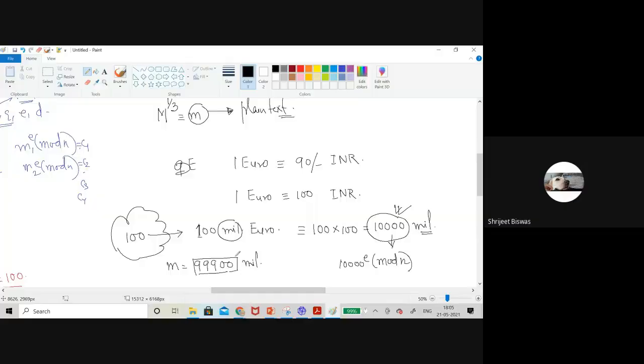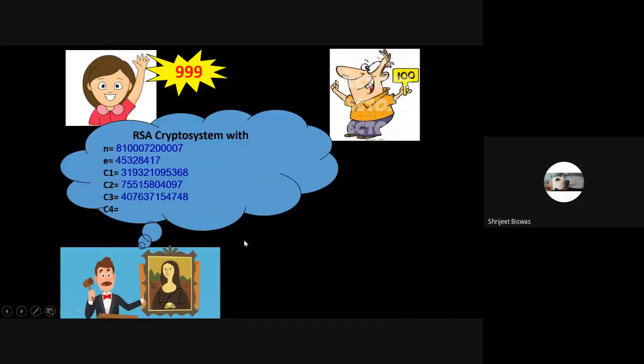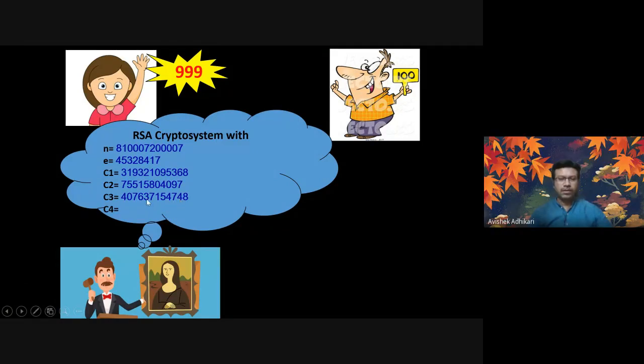It was 47637154748. Okay, so it also matches with mine. But as soon as this girl posted this value to the website, which is the encryption of this, suddenly that guy again posted some value here.